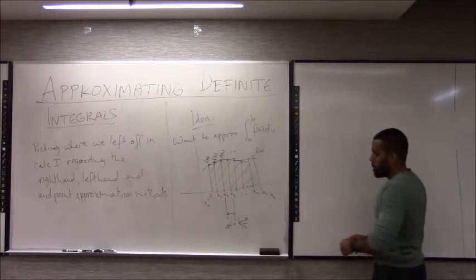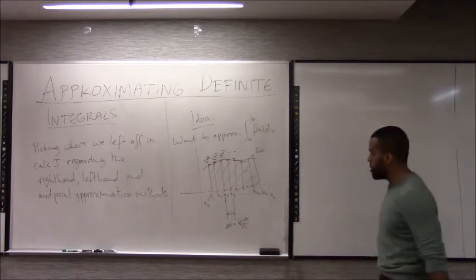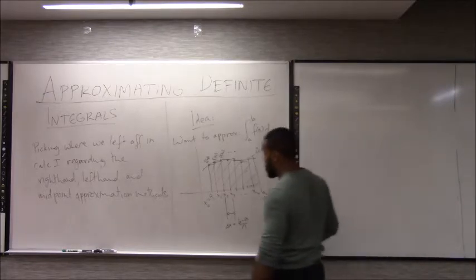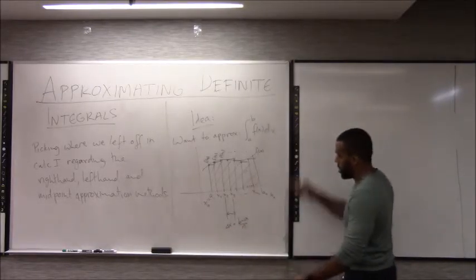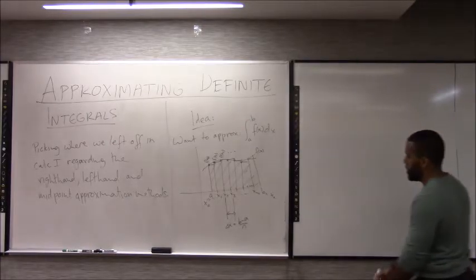The idea was, we take the height times the width of all the rectangles and add them all together, and this was an approximation for the area under the curve, and the more rectangles we used, the better the approximation got.